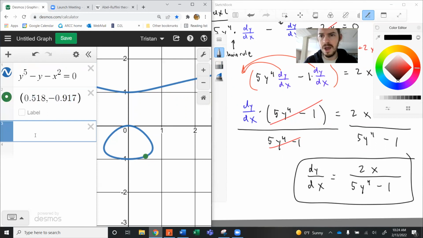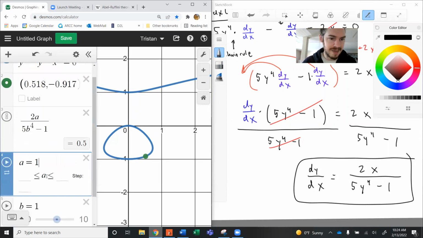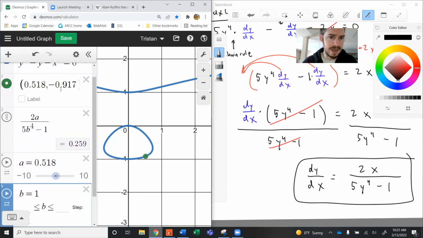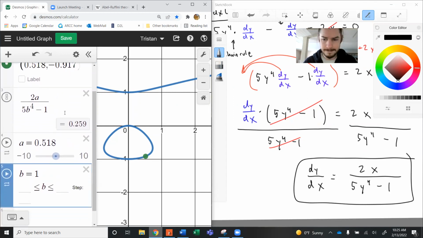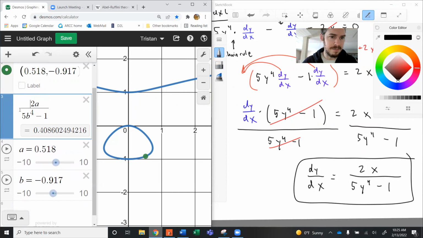So I'm going to make a fraction: 2a divided by 5b to the power of 4 and then minus 1. I'm using a and b in place of the x and the y. Then a equals the x value, 0.518, and b equals the y value, negative 0.917. This formula that I made, I'm going to call m.